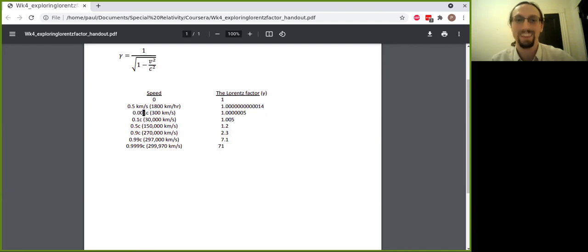Then we're going 1/1000th the speed of light, still a lot of zeros. 1/10 the speed of light, 1.005. Okay, that's more like it. When we start getting above half the speed of light, we start seeing much larger numbers, right? Half speed of light, we get 1.2. For 0.9 the speed of light, it's only 2.3 though. Then we get 0.99, it's 7.1, 0.9999, 71. Gotta be going pretty quickly.